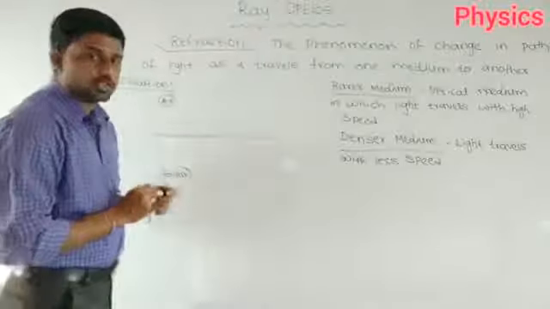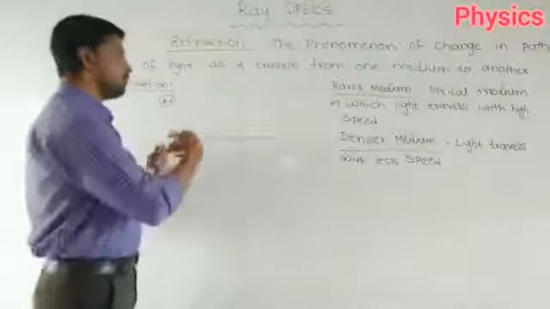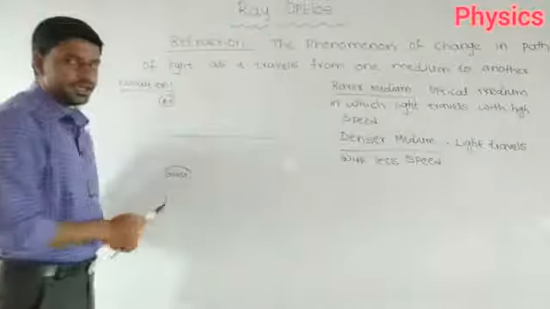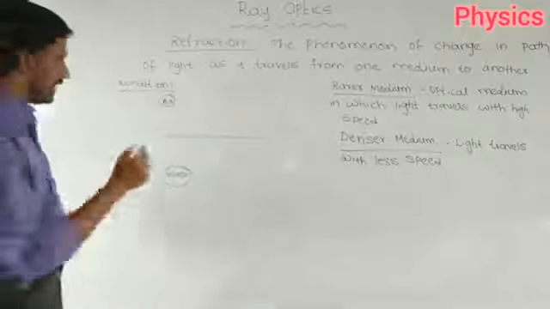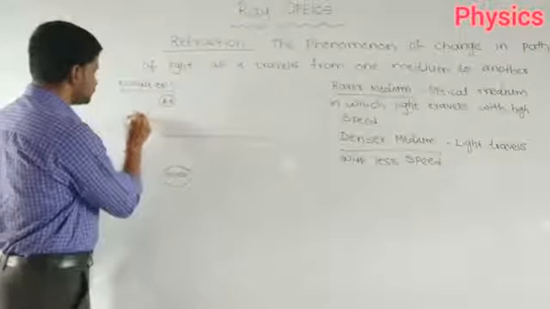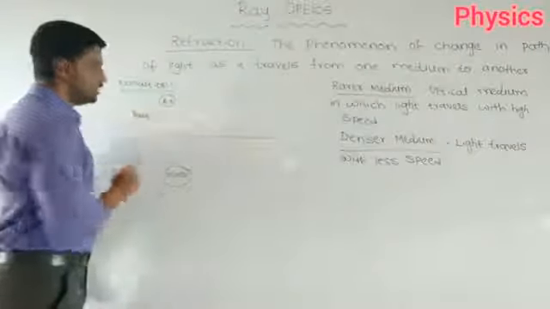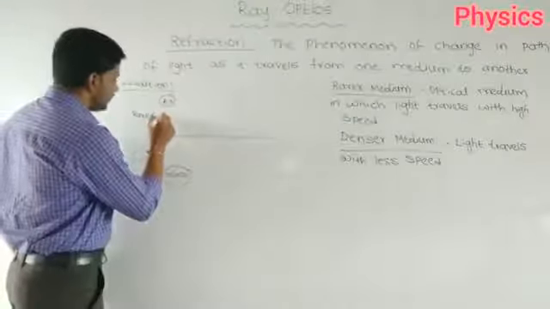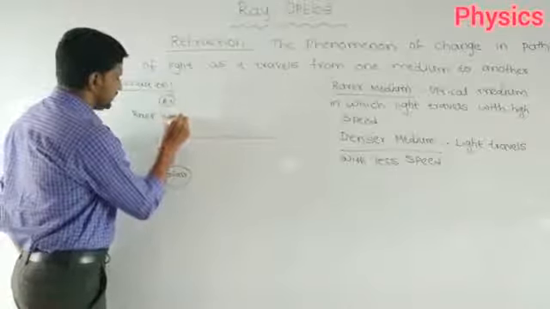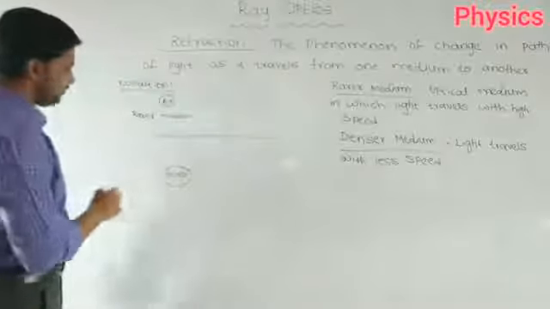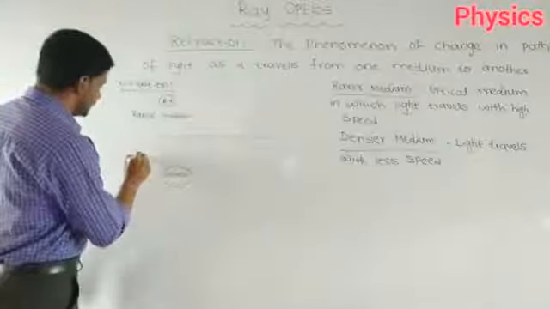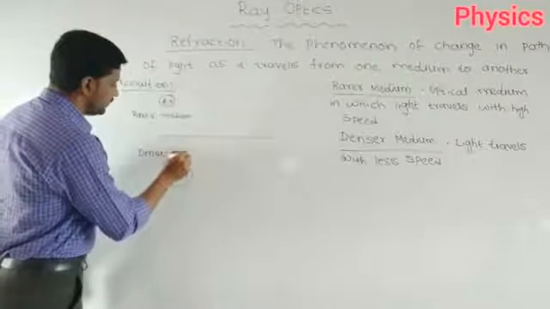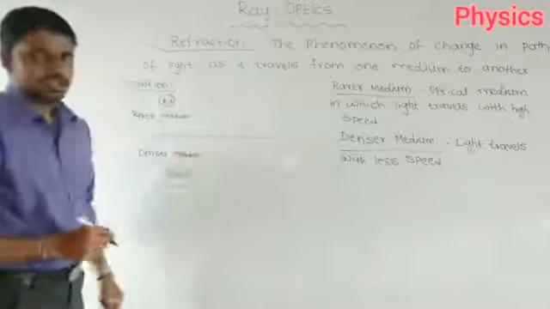Now I am going to incident a ray of light from air medium. We know that in these two mediums, air medium is the rarer medium, because in the case of air, light will travel with high speed, and glass medium is a denser medium. It is optically denser, that means light travels with less speed compared to the air medium.